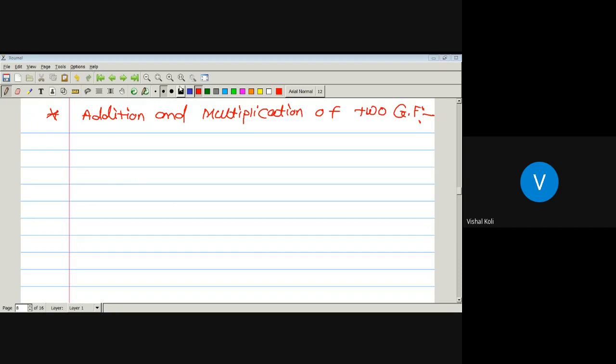Actually, arithmetic operations allow us to create a new generating function from old ones.